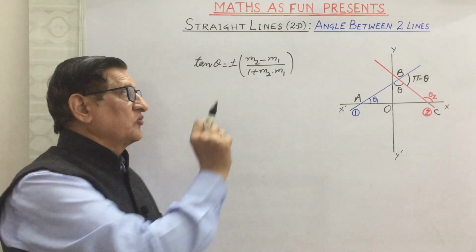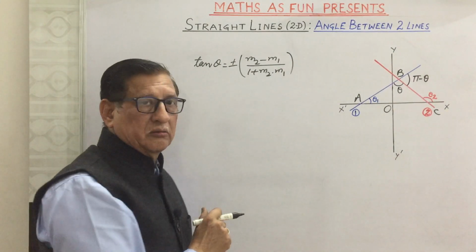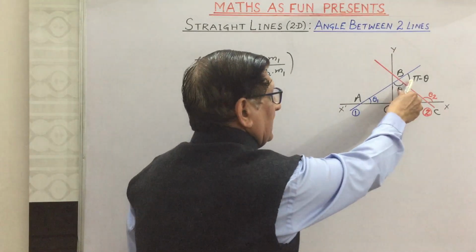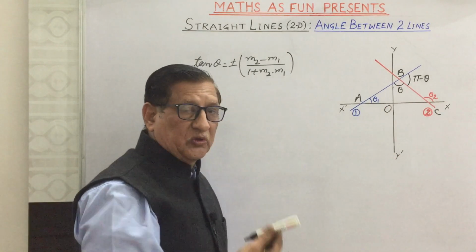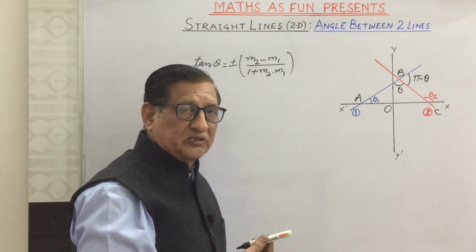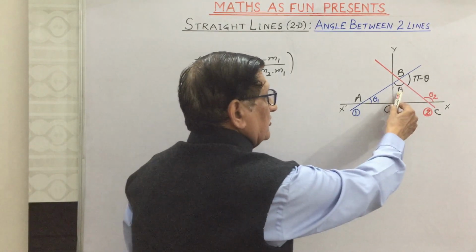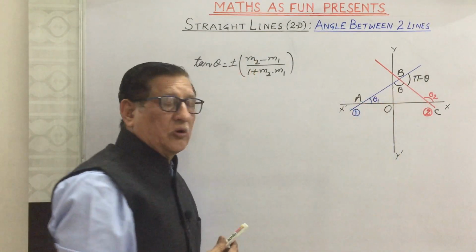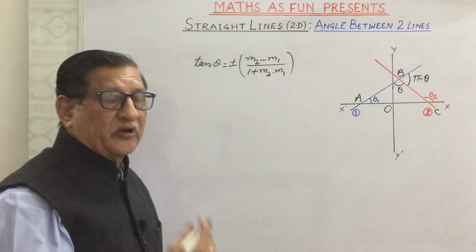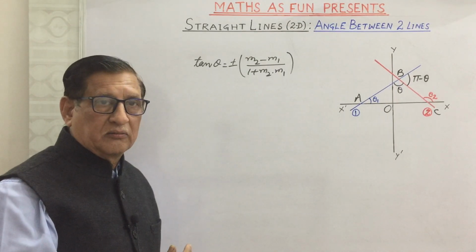Suppose we want to find only the acute angle. We know these two angles are adjacent to each other. They are also collinear, so the sum of them has to be 180, meaning they are supplements to each other. So if this is acute, this will be obtuse, and if this is acute, this will be obtuse. Now suppose we want to find the acute angle.